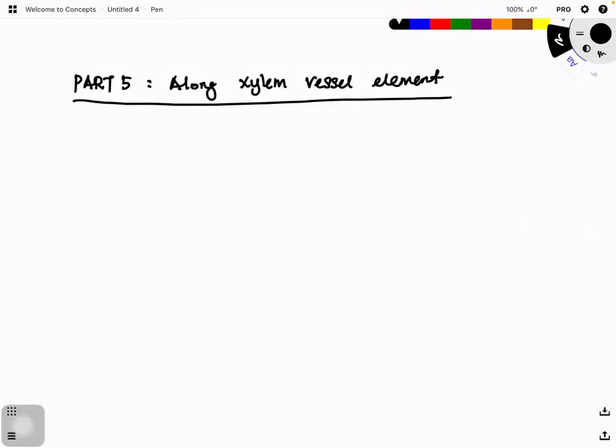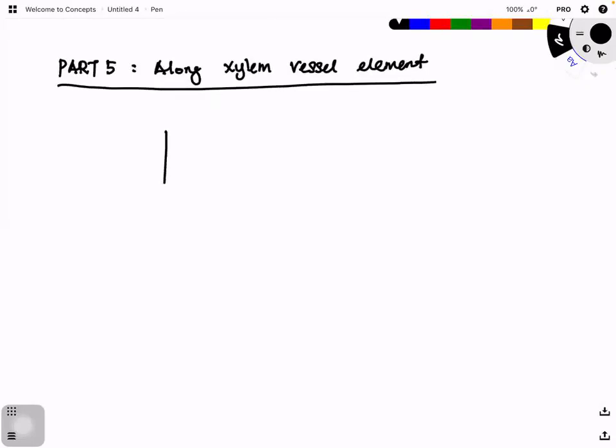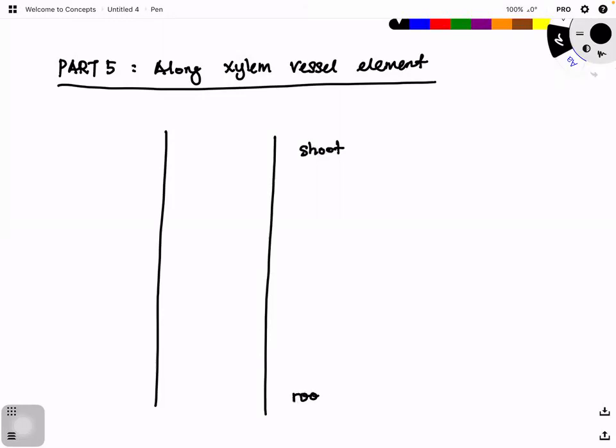So there are three things that we need to learn here. First of all, this is a xylem vessel element, in general. This is the part near the shoot, and this is a xylem vessel element at the root. We know that these vessel elements form a continuous column.